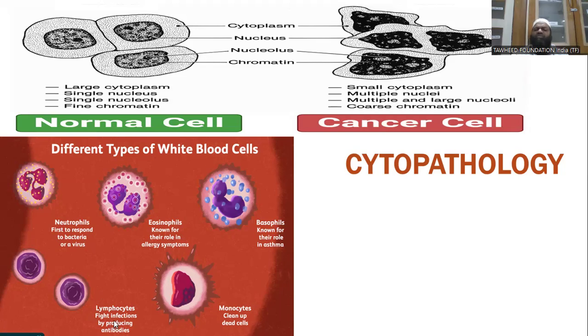Their main role is to fight infections by producing antibodies. Then coming to monocytes, the main function of monocytes is to clean up dead cells. So there are a lot of cells among the white blood cells. They have been divided into five, and each cell has a different role to play.